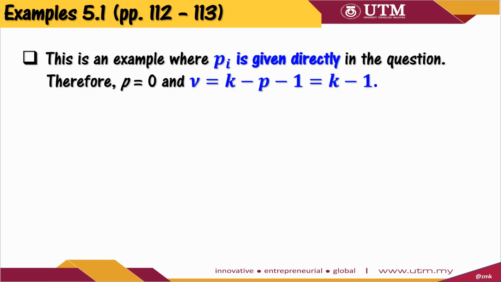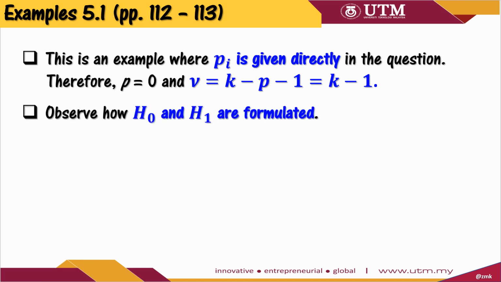You can also observe from the example how to formulate the null and alternative hypotheses and check if Ei is at least 5 for every ith class. Ei, as you know, is the product of the sample size n, which is the total observed values Oi, and the given Pi.